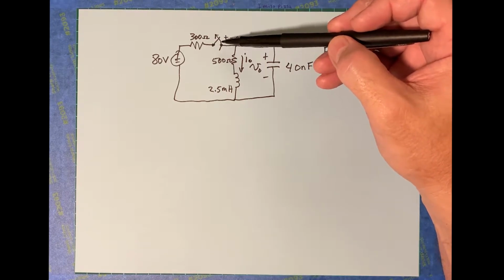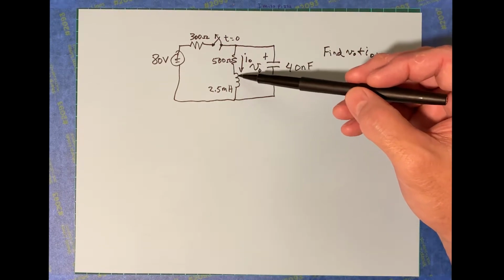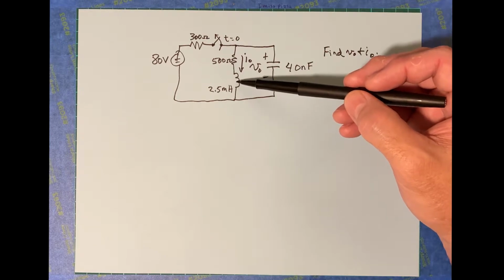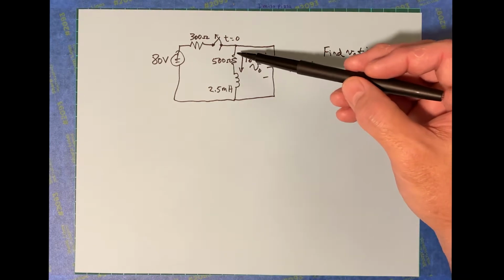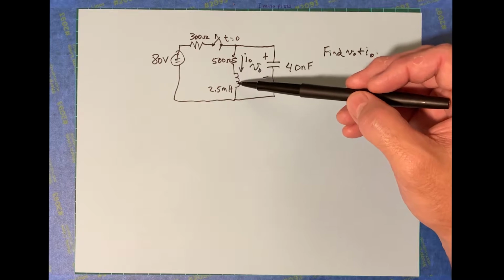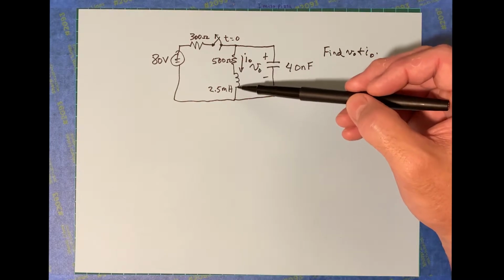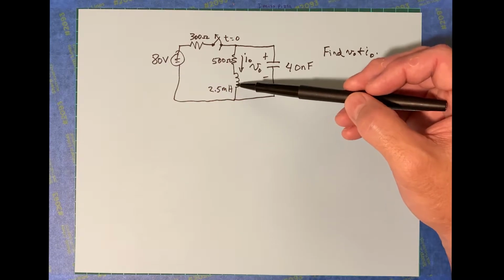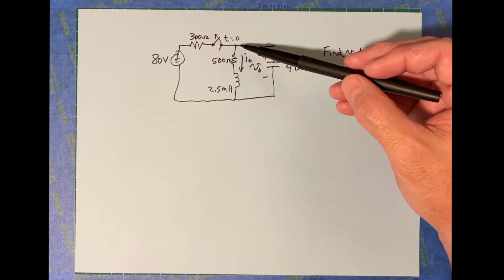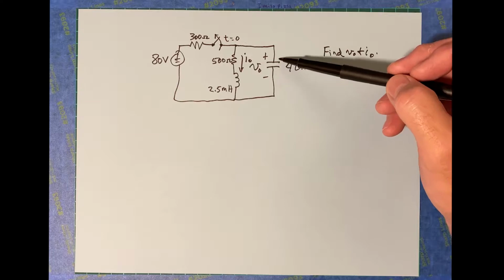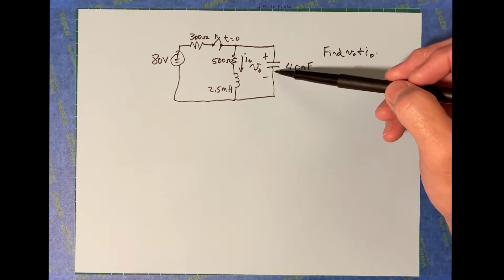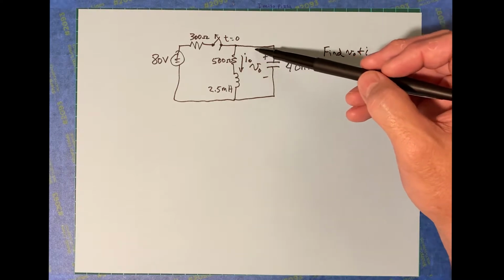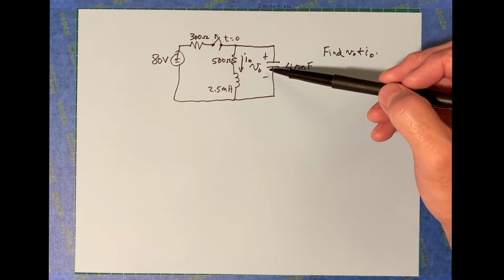After the switch is closed for a long time, the inductor is going to behave like a piece of wire. So there's going to be a current that flows through here. Any current that flows through here is not going to be impeded by that inductor. Also, after a long time, this capacitor has become charged, to the point where no current's going to flow over here as well.